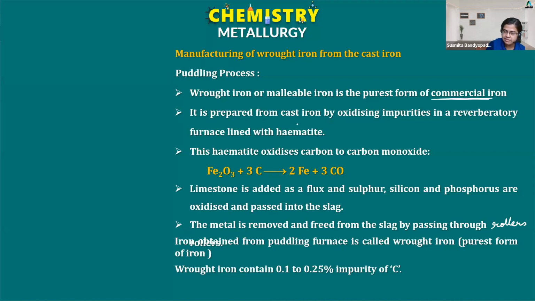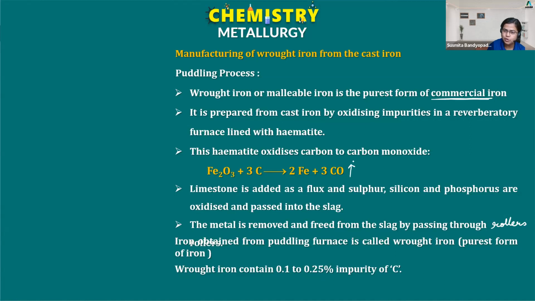Take cast iron, which still has some 3% carbon as impurities, and add it where? In a furnace which is lined with hematite, Fe2O3. What will this hematite do? This hematite will react with the carbon impurity and oxidize it to CO, gone carbon.